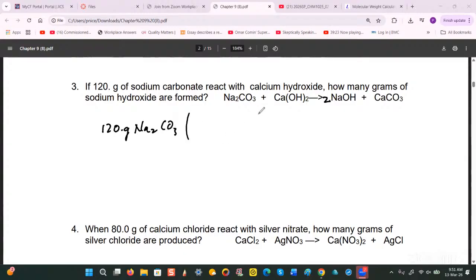So what do we multiply that by? What goes up top and what goes below in this conversion factor?